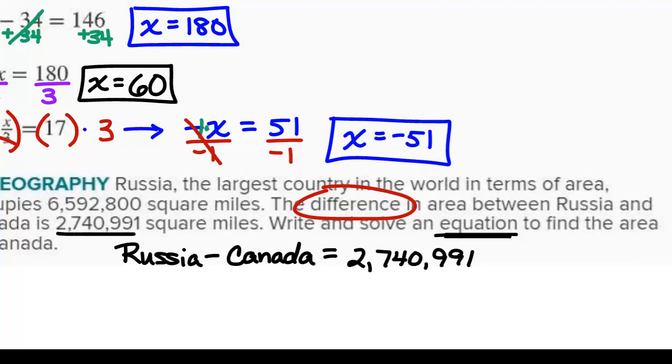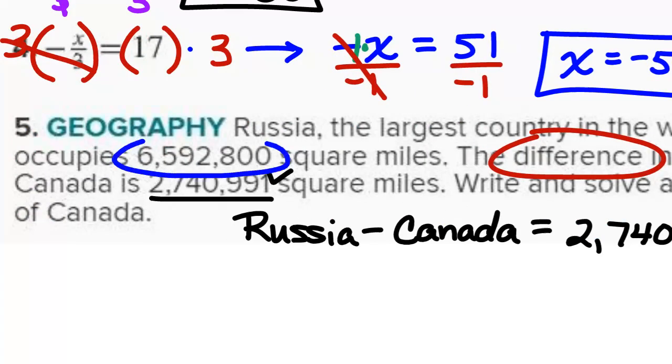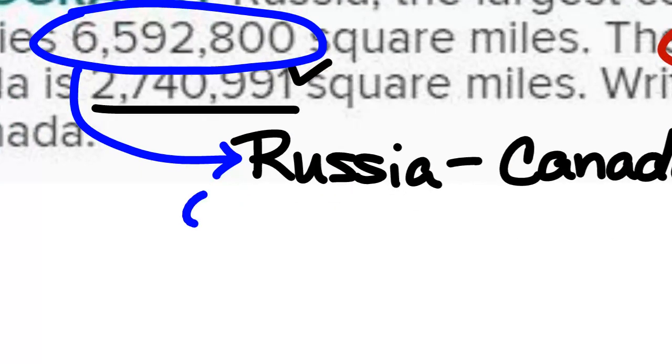Here's that 2,700,000. Did they give us another size? Yes. That 6,592,800, that's the size of which country, Russia or Canada? Russia. So I'm going to take this number right here. I'm going to put it in the place of where I have Russia.